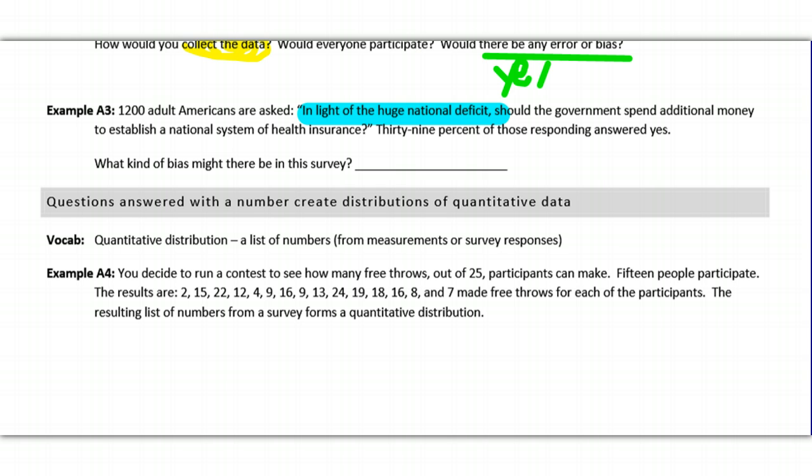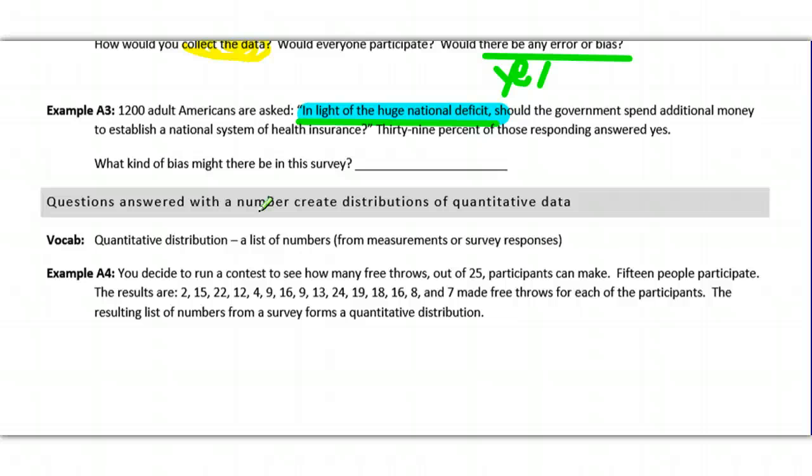When you start out your question with some kind of phrase like this, imagine if I said, given that algebra is the worst class in the world, how do you feel about changing math curriculum? Well, you think you're going to answer differently than if I said, given that algebra opens lots of doors to opportunity in your life, it completely biases how the person is going to respond.